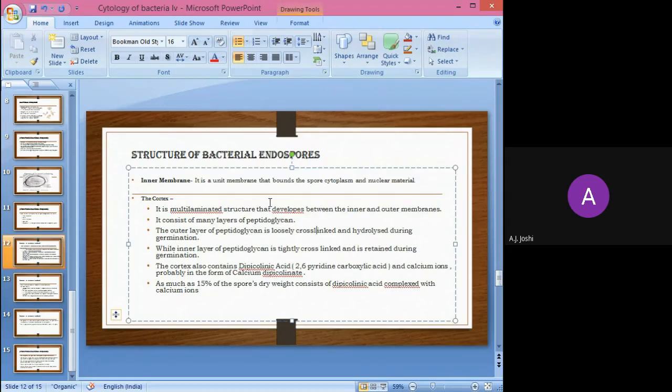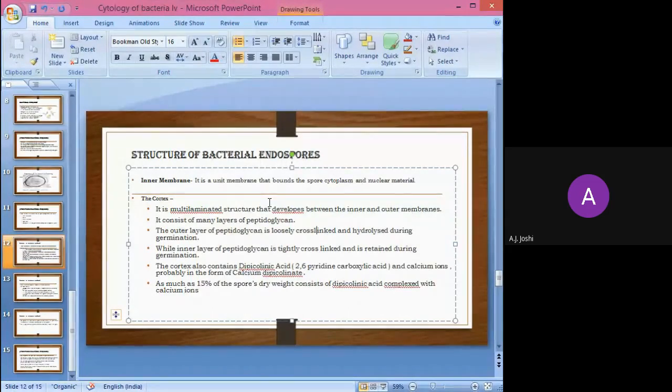Now, one more interesting feature of the endospore cortex is its content. This endospore cortex contains dipicolinic acid. Dipicolinic acid is never present in the vegetative bacterial cell. Remember it always. So, what is this dipicolinic acid? It is 2,6-pyridine carboxylic acid.